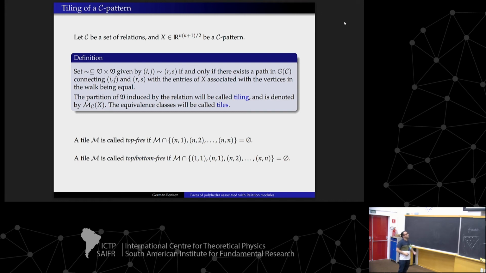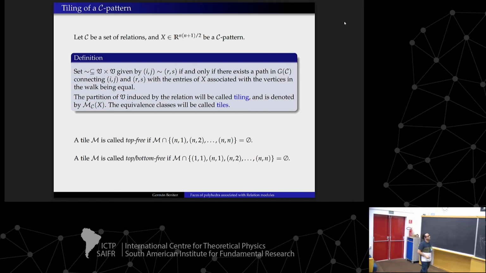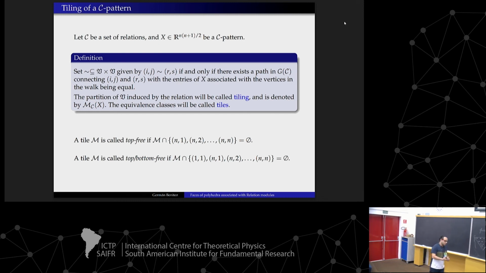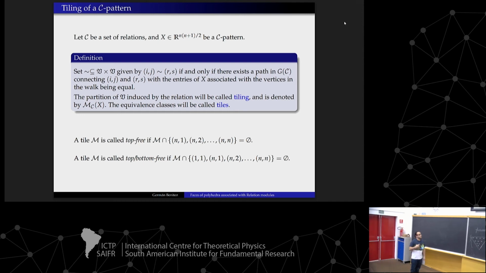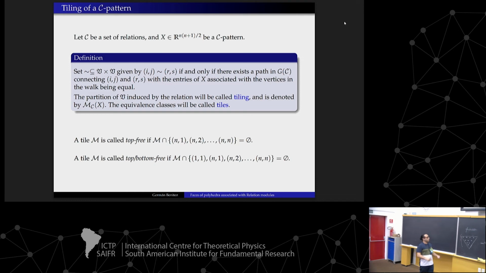We are interested in two special tiles, top free and top-bottom free. A tile is top free if it doesn't intersect the top of the triangular configuration, the top set of vertices, and bottom free if the tile has no intersection between the top set of vertices and the bottom set of vertices.